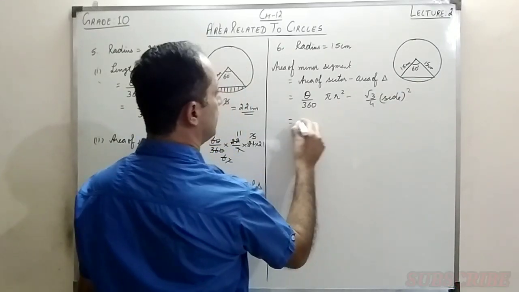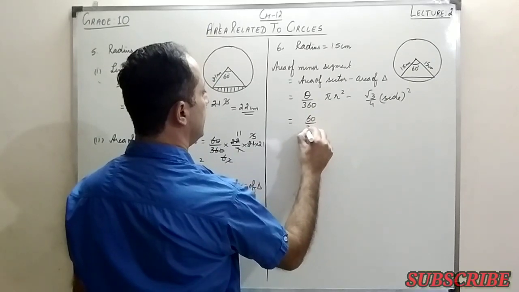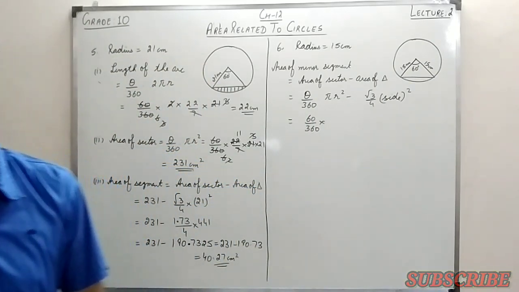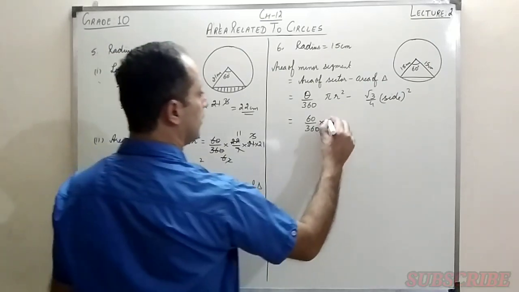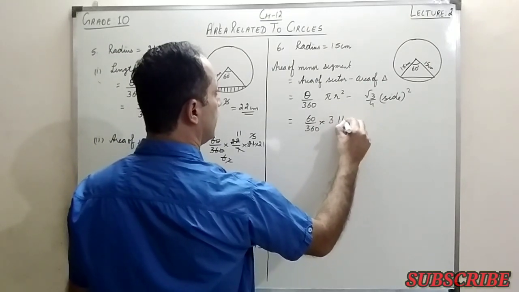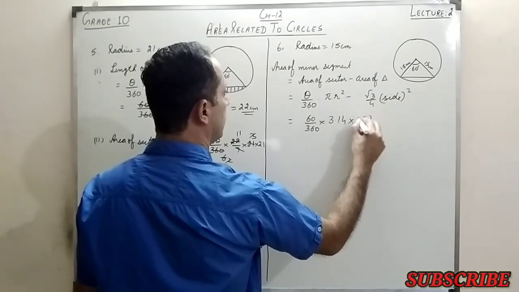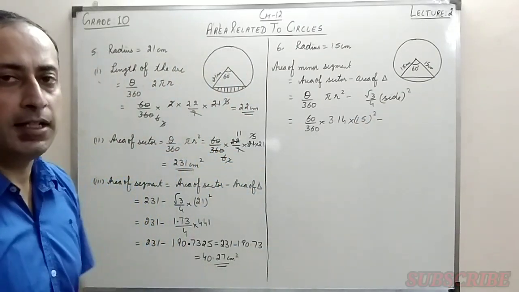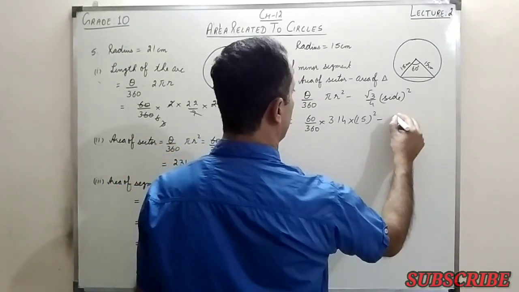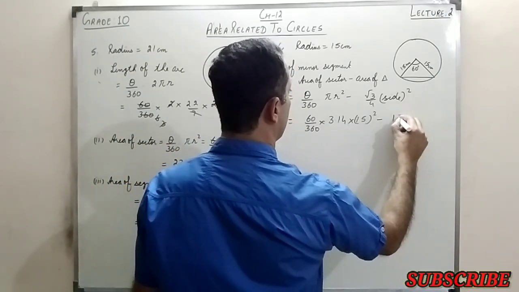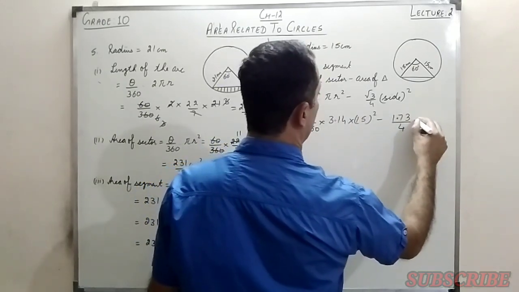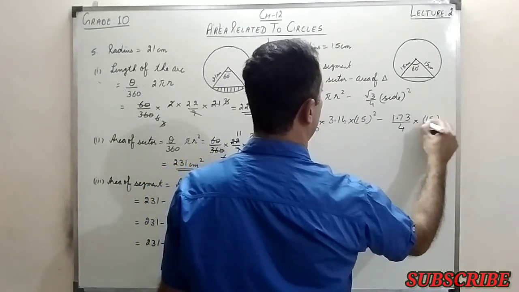side square. So just substitute the value 60 upon 360, and it's given in the question we have to take the value of pi as 3.14. So this is 3.14 into 15 square minus, again the value of root 3 is also given, that is 1.73 upon 4 into 15 square.